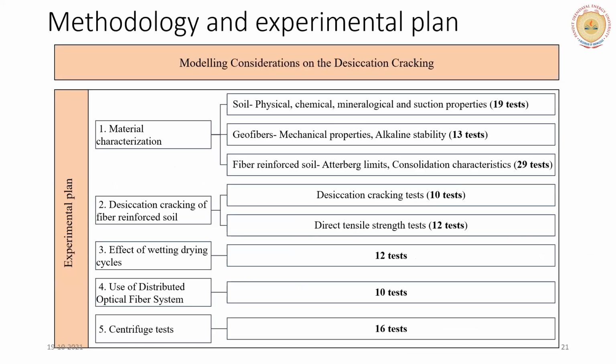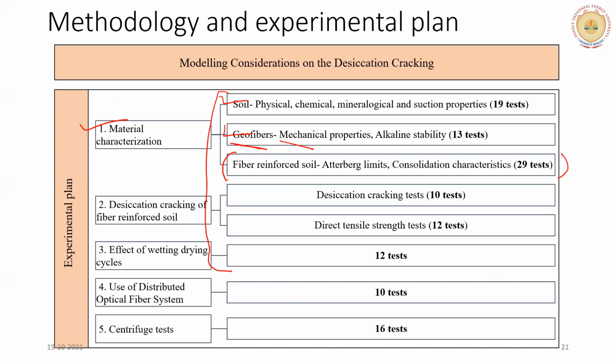So first of all, lot of tests were done, basic tests to see the material characterization, right? So these part of tests were done in India to see what is the property of soil, what is the property of the fibers, that is geofibers, right? Mechanical fibers used. Then what is the property of the soil plus fiber?